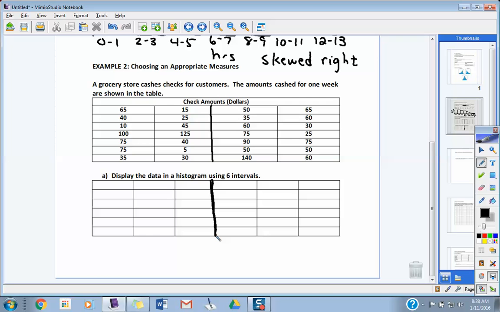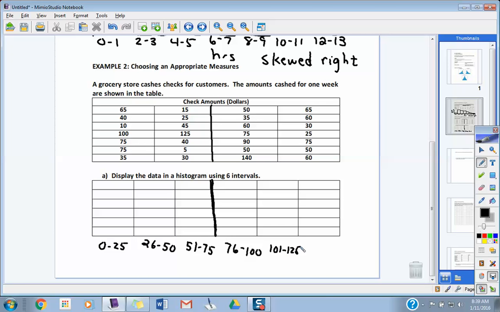Guys, I'm gonna put my values down here for the histogram. I'm gonna go 0 to $25 here. We'll go 26 to 50. I'll go 51 to 75. $76 to 100. 101 to 125.